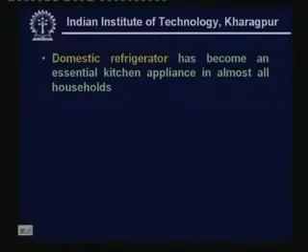Now, of course, as you know very well, thanks to the development in vapor compression refrigeration technology, domestic refrigeration for food preservation at the customer's place has become so popular that it is one of the most necessary appliances in any home in all developed countries and also in developing countries.